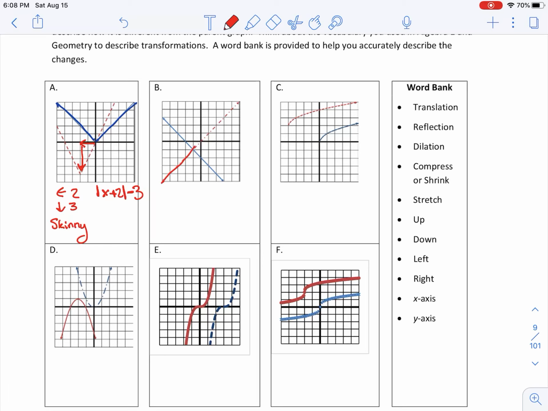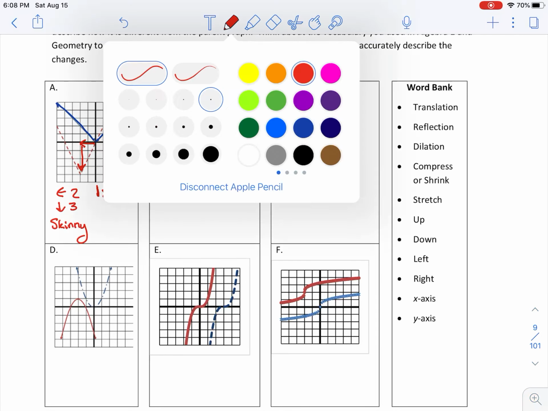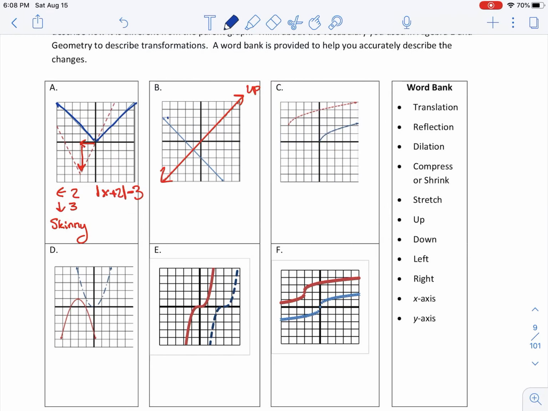So on B, this red line is my original. And I want you to notice that this line is going upwards. It moves to this blue line. And I want you to notice that the blue line is going downwards. That means that this has flipped.